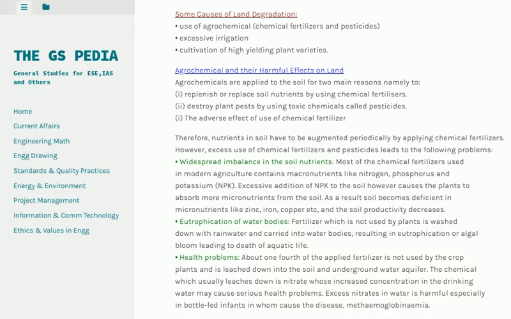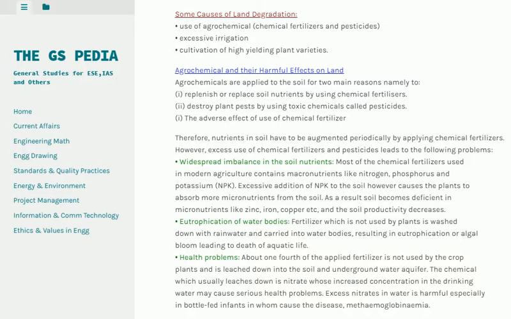Eutrophication of water bodies. Fertilizer, which is not used by plants, is washed down with rainwater and carried into water bodies, resulting in eutrophication or algal bloom, leading to death of aquatic life. Health problems. About 1/4 of the applied fertilizer is not used by the crop plants and is leached down into the soil and underground water aquifer.